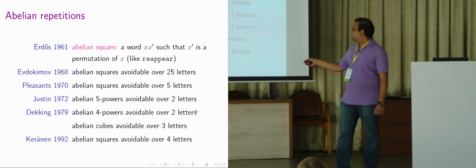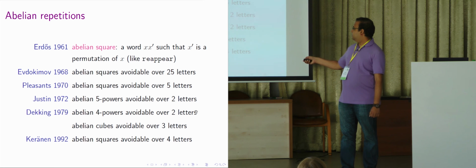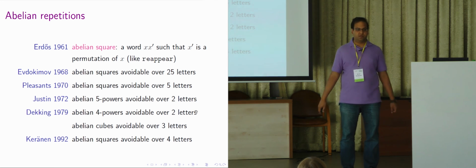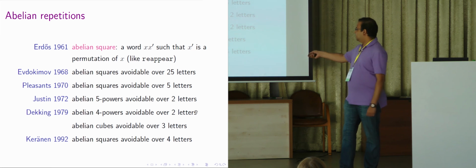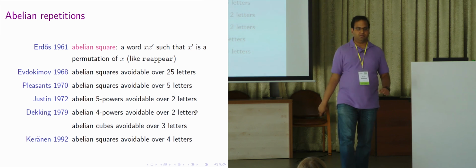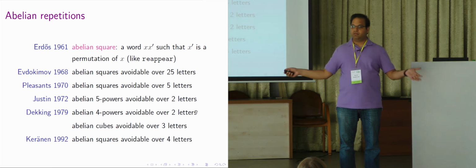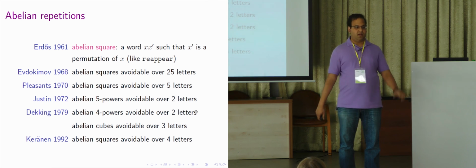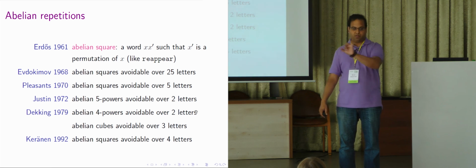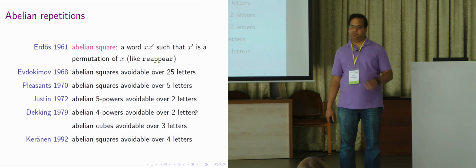And then there were some other results about abelian fifth powers, abelian fourth powers, abelian cubes. It should be clear what I mean by an abelian cube or abelian k-th power: I have k blocks and each one of them is a permutation of the first one, or of any one.